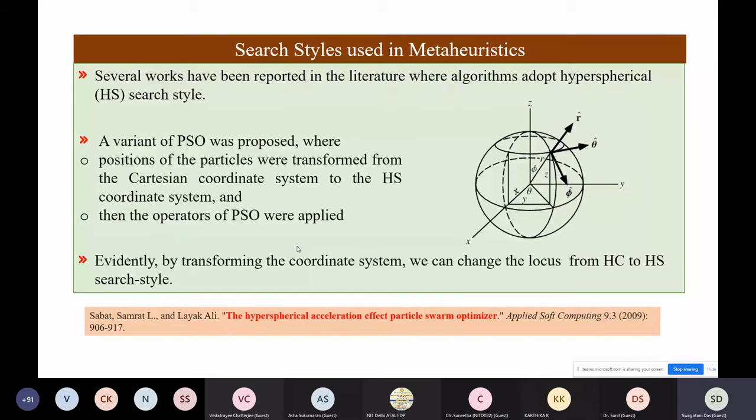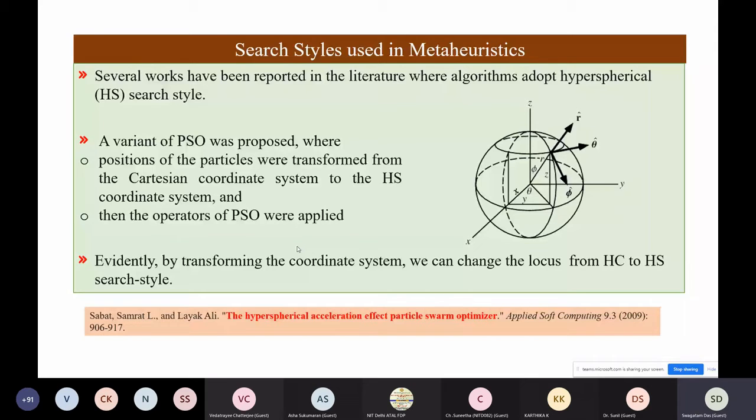So several works have been reported in the literature where the algorithms try to adopt a hyper-spherical search style. Any development cannot jump from the sky. Every development in good science has a continuity from the earlier development.